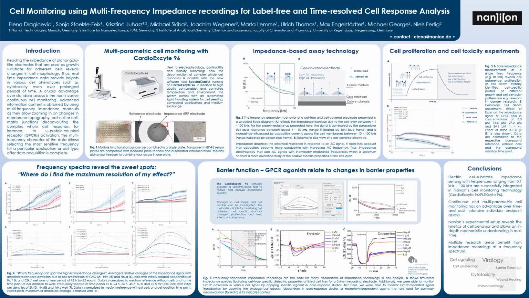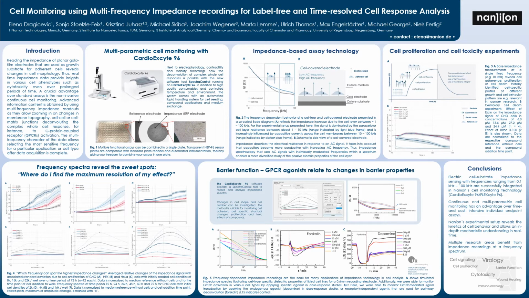In conclusion, electric cell substrate impedance sensing with frequencies ranging from 0.1 kHz to 100 kHz are successfully integrated in Nanion cell monitoring technology, CardioExcite 96 or FlexSite 96. Continuous and multi-parametric cell monitoring has an advantage over time and cost-intensive individual endpoint analysis.